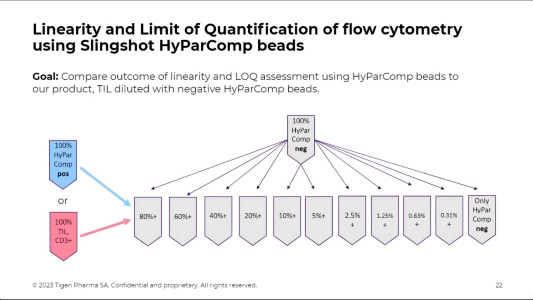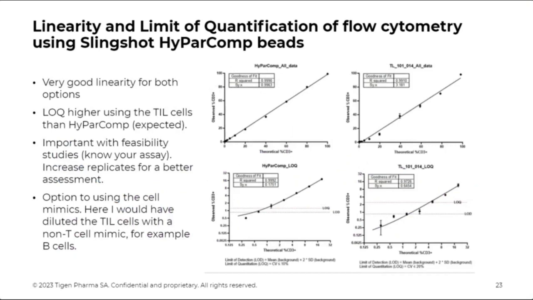And we diluted it down from 80% down to 0. We did the same thing using the 100% hypercomp, the positive beads that are binding all your antibodies, and diluted them in the same manner with the naked hypercomp beads. And with this, we assessed the linearity and the LOQ.